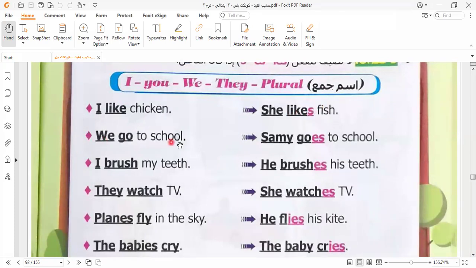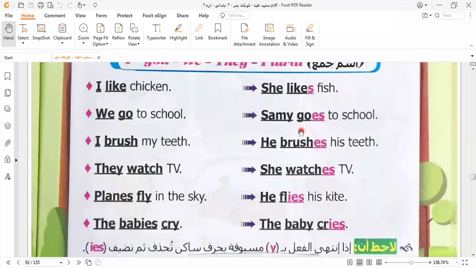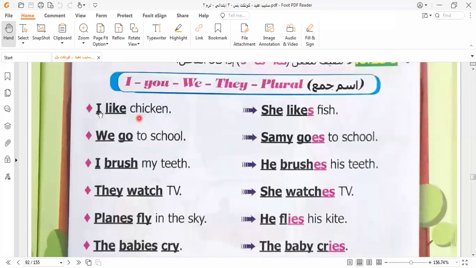We go to school, she goes, so here I add es. Pay attention that here we use I without s, and with she we put s, because she is singular, and as we talked before, the singular likes s, but plural doesn't like s. I like chicken. She likes fish.